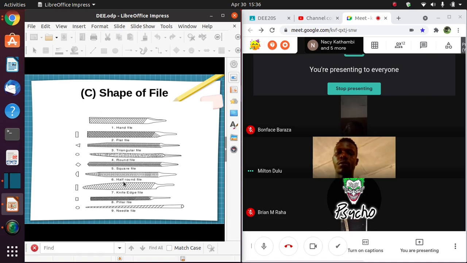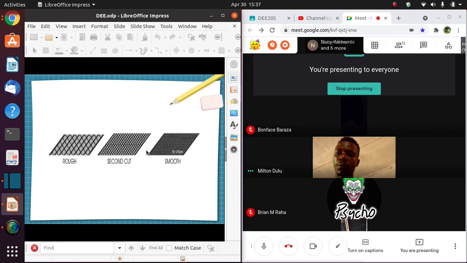So depending on the type of job that you're doing, you can pick the right file with the right cross-sectional area. So these are classification of files kulingana na shape. It all depends on the type of work that you're doing. Ndio utachagua the shape.